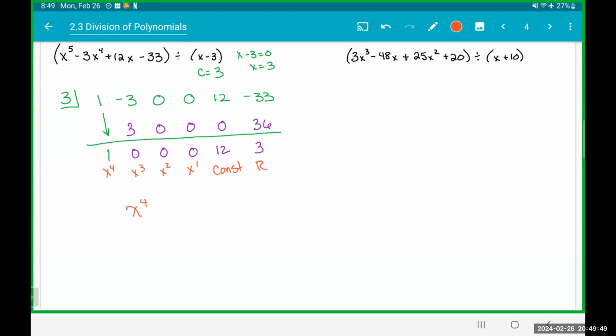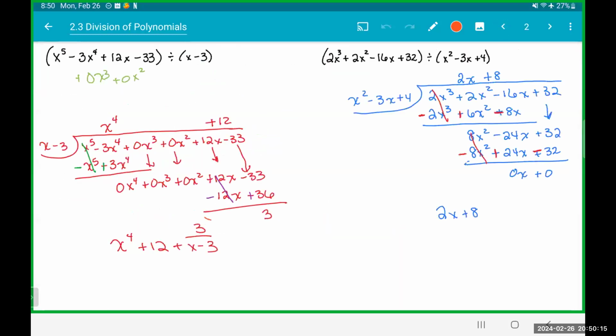We don't need to put plus 0, plus 0, plus 0, but plus 12, plus my remainder, which is 3, divided by x minus 3. So we get x to the 4 plus 12 plus 3 divided by x minus 3.